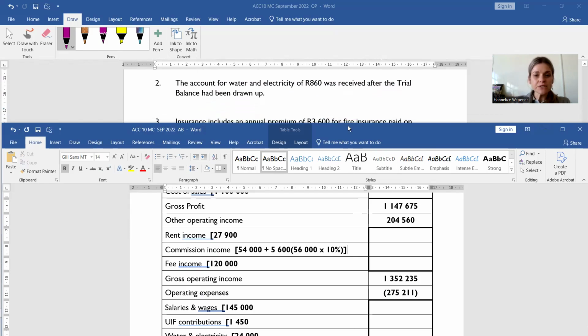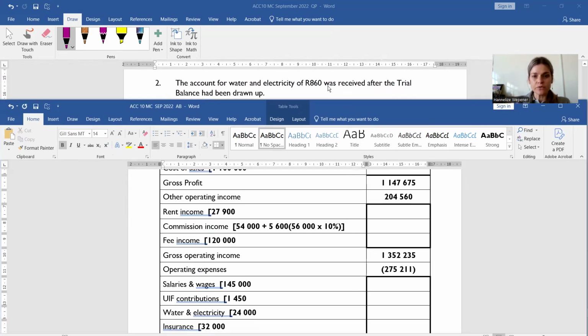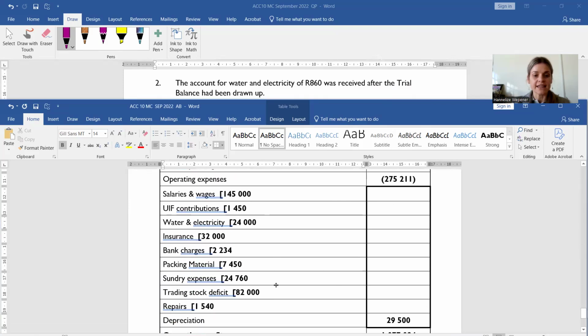Right. Number 2 says that the account for water and electricity was received after the trial balance had been drawn up. In other words, we recorded all of the water and electricity payments that we were aware of, and that amounted to 24,000.